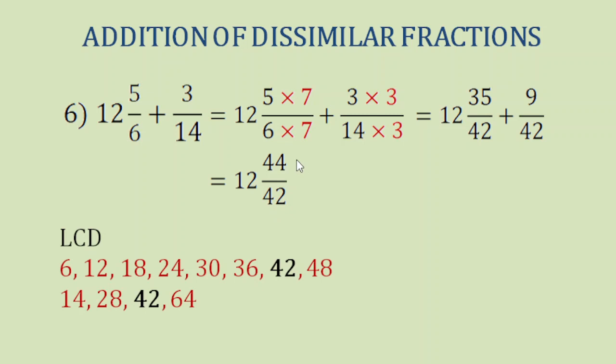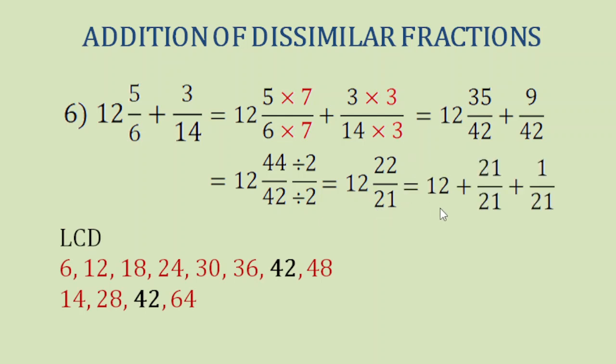Now we can simplify the fraction part. We can divide both the numerator and the denominator by 2, so we have 12 and 22 over 21. Still, our numerator is greater than the denominator, so we can break this part into 2, to look like this: 12 plus 21 over 21 plus 1 over 21.